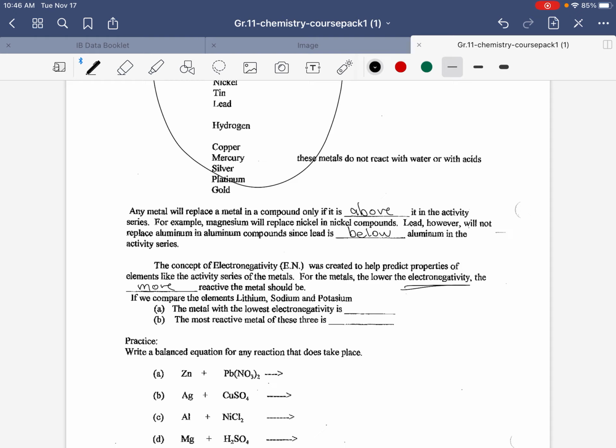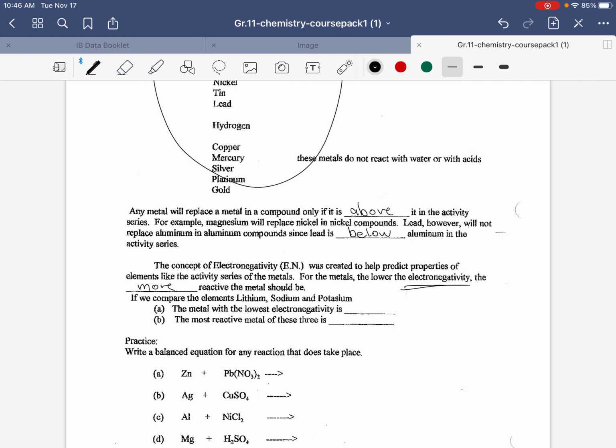Electronegativity means the atom's ability to attract electrons, or love an electron. Metals don't really love electrons that much. A metal likes to give away electrons to become a positive ion, right? So the more I want to get rid of my electron, obviously the lower in electronegativity I am. The lower in electronegativity I am, the more reactive I am.